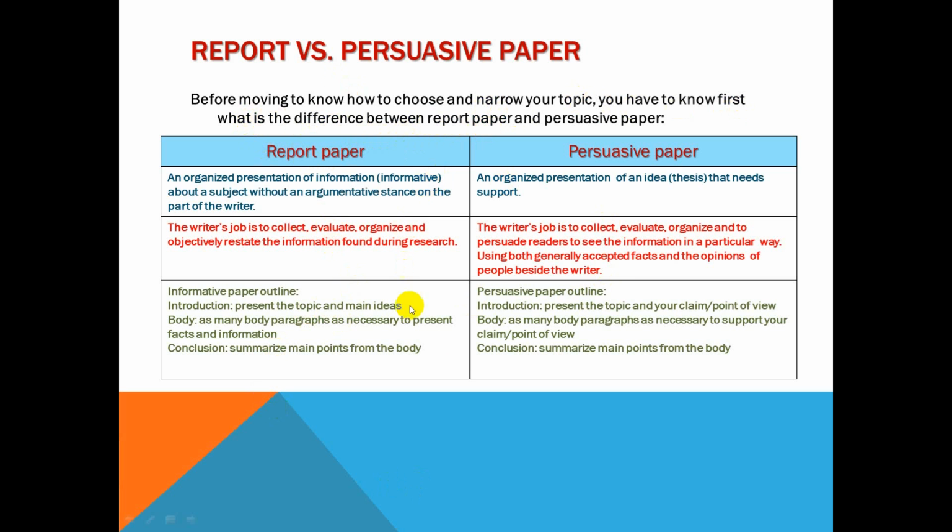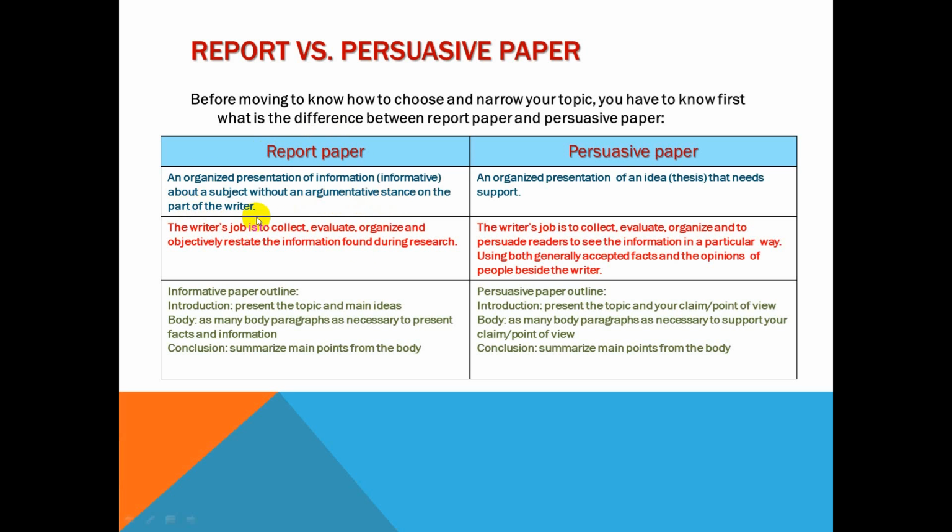Here we have a simple table that explains the main points, in which the difference is very clear. Report paper, what is meant by report paper? It is an organized presentation of information, informative, about a subject without an argumentative stance on the part of the writer.